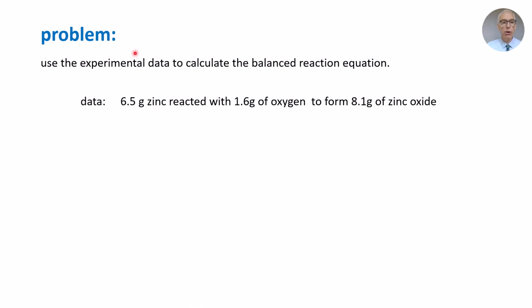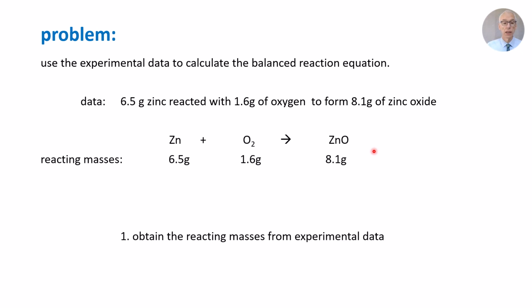So here's a problem. Use experimental data to calculate the balanced chemical reaction between zinc and oxygen to form zinc oxide. Our data is 6.5 grams of zinc reacts with 1.6 grams of oxygen to form 8.1 grams of zinc oxide.